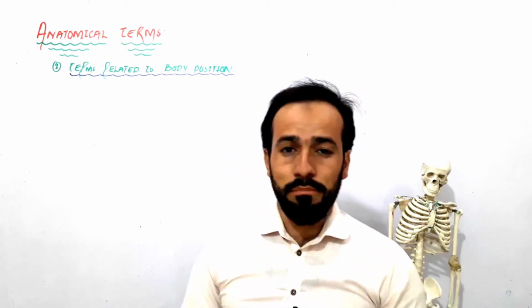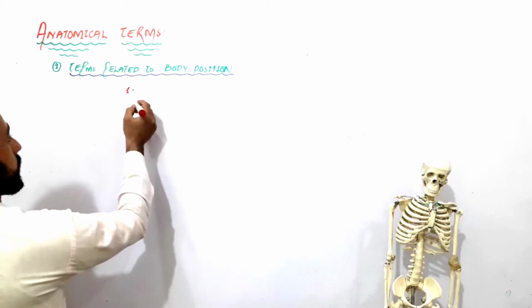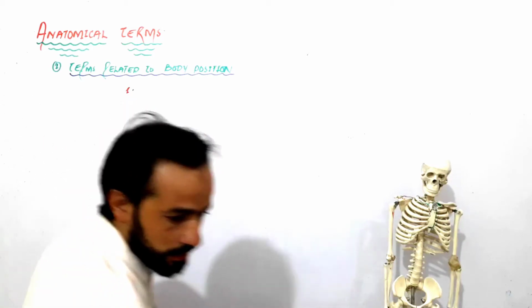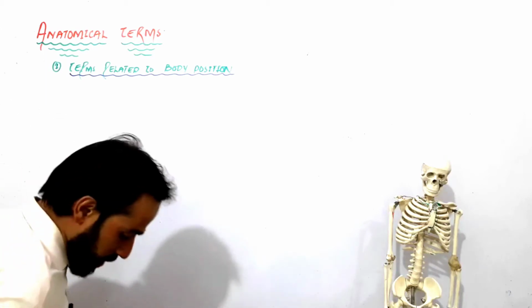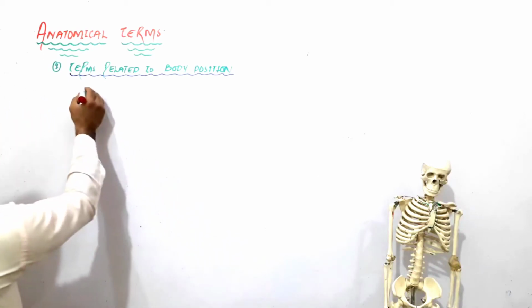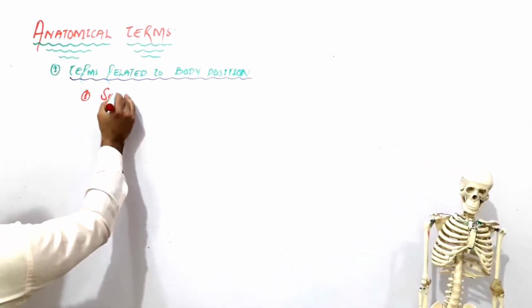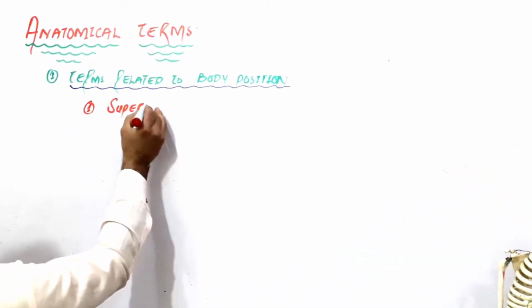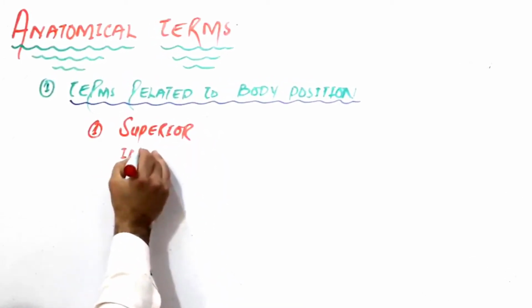So the first pair that I am going to write is, look carefully, let's write the first pair. I'm writing them in pairs because while we write them in pairs, they will be very easy to understand. So the first pair is superior and inferior.